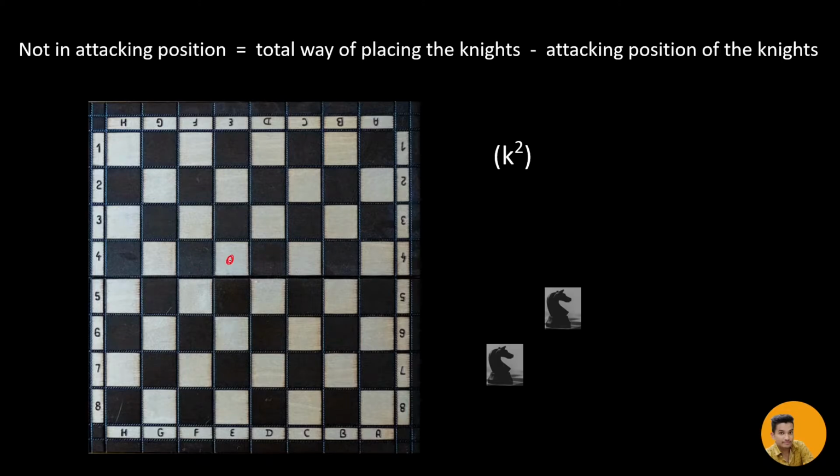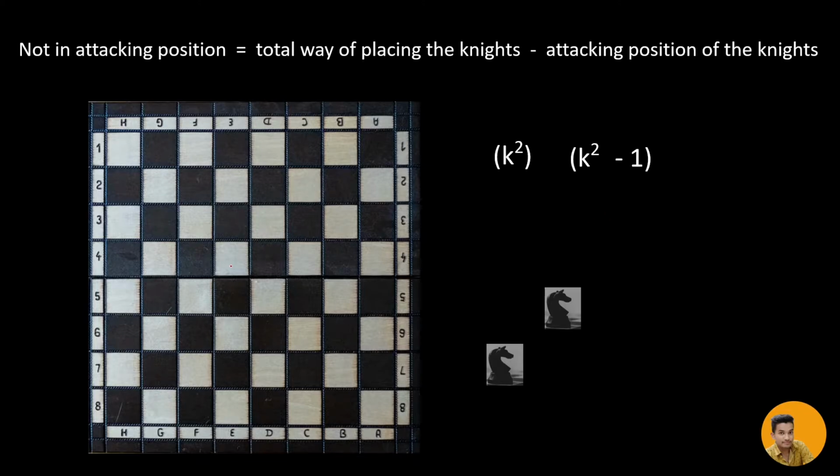So let's say the first knight is kept here, that means the other knight can take anywhere on the chessboard except this place. So that is k square minus 1. We are subtracting this one because it has been occupied by the first knight.